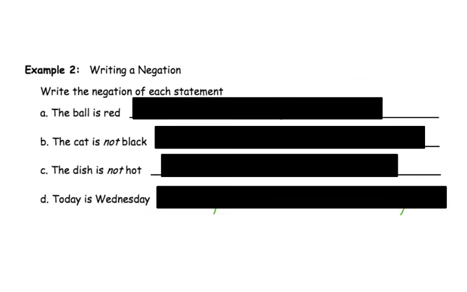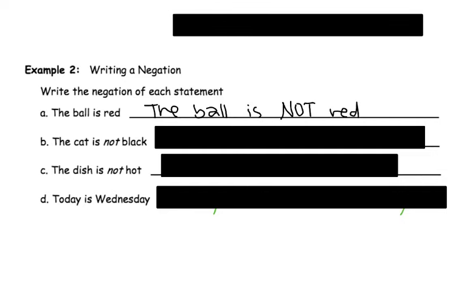So now let's look at negation. Pretty straightforward, okay? Remember, the negation is basically making the statement the opposite, okay? So the ball is red. The negation of that would be the ball is not red. B, the cat is not black.